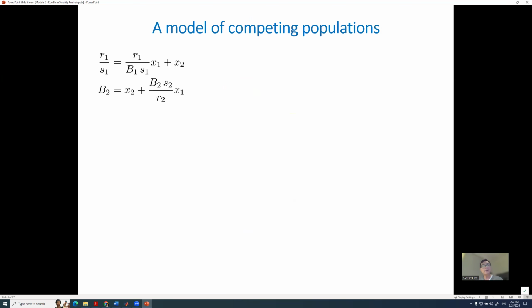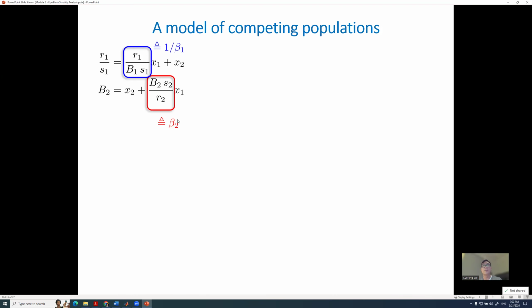When we do the hand calculations, we can actually make the equation a little more elegant. We can call this parameter cluster here 1 over beta 1, and this cluster here beta 2.